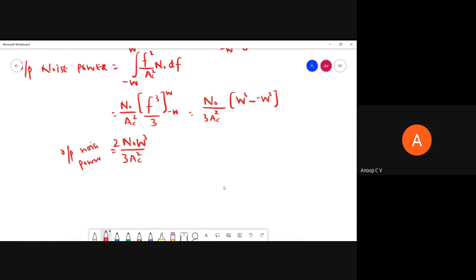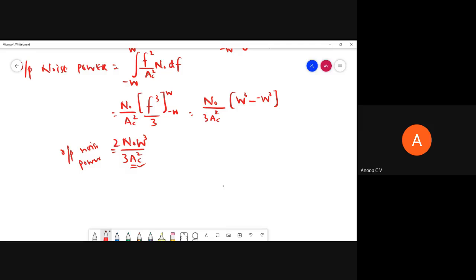Just see this, right? There is a term AC square in the denominator, which means if we can increase the carrier amplitude, it can quieten the noise at the output.